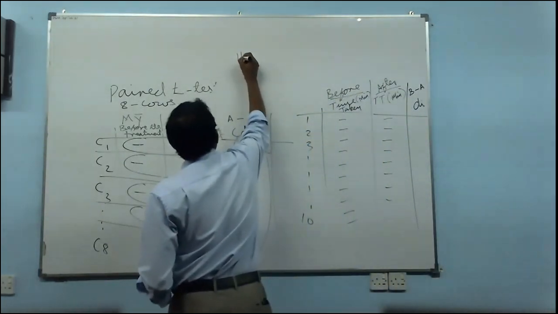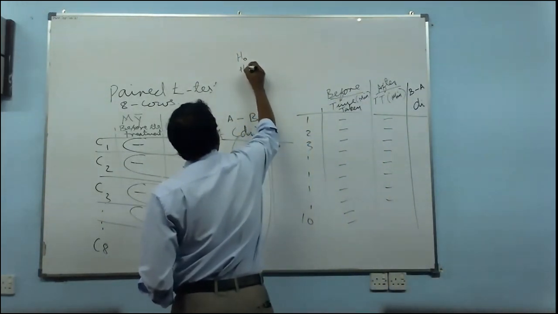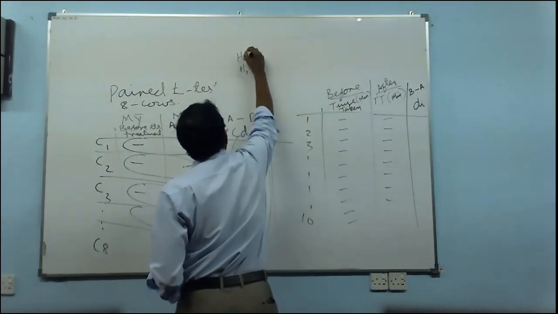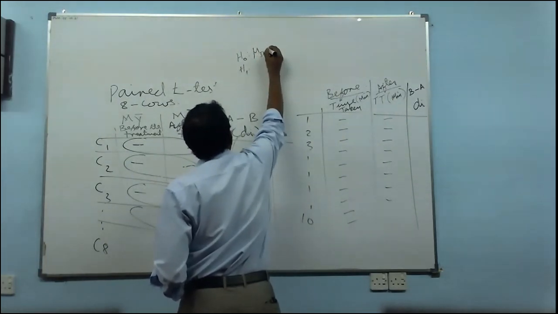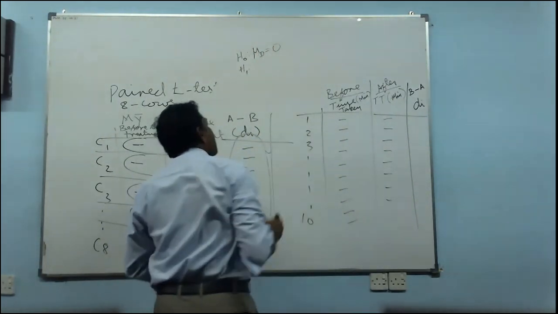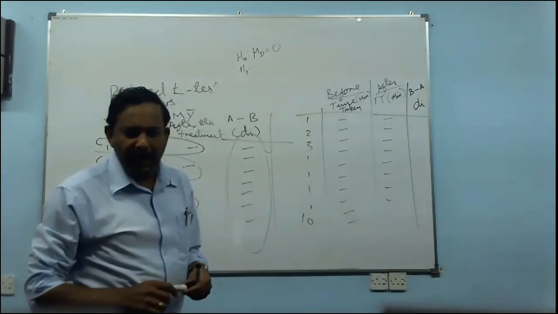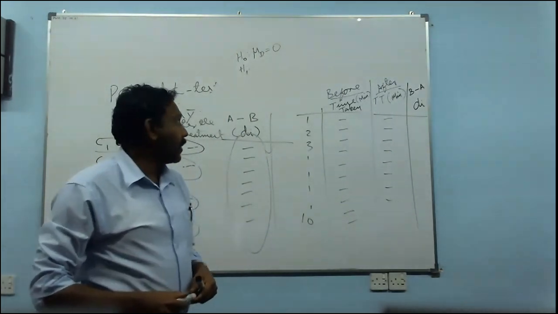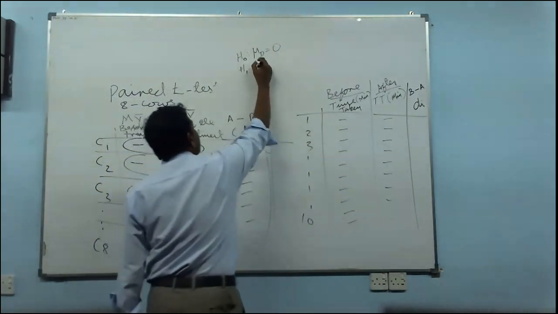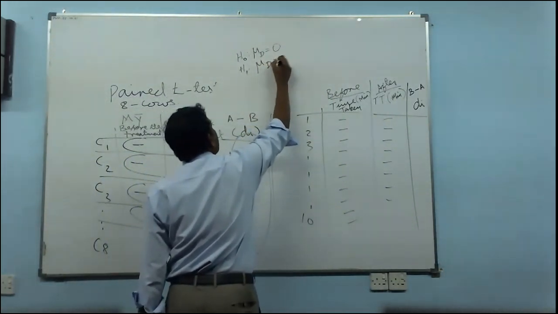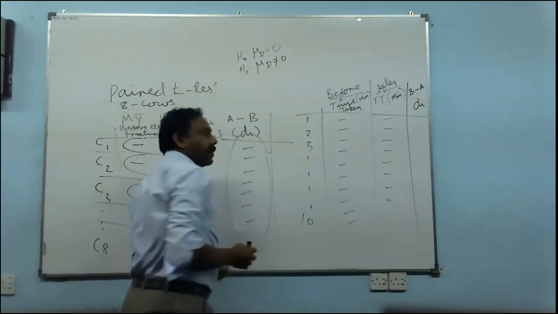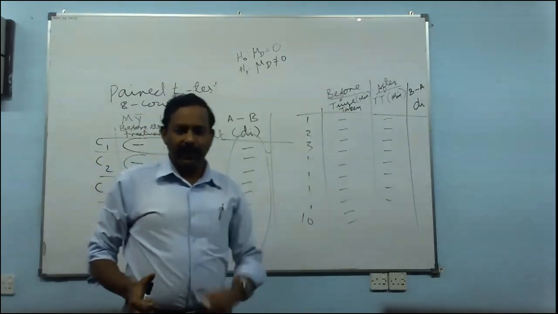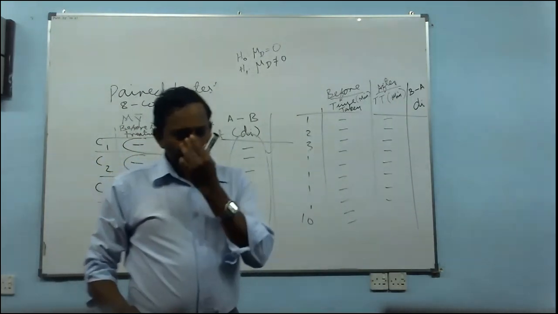So usually my hypotheses, null and alternative, I will simply put mu d. Mu d is equal to 0, where mu d is the mean difference. The alternative is mu d not equal to 0. For example, the cholesterol case.